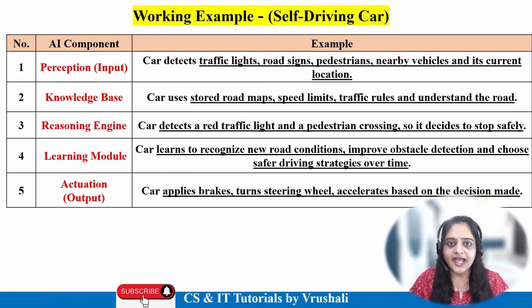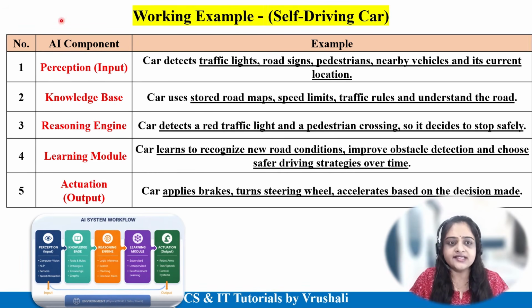Now see here at the end, this is a working example as per the architecture of AI. The first one is perception. Perception means input. So let's take an example of a self-driving car. In perception, they collect the information. So the self-driving car detects traffic lights, road signs, pedestrians, nearby vehicles and current location.